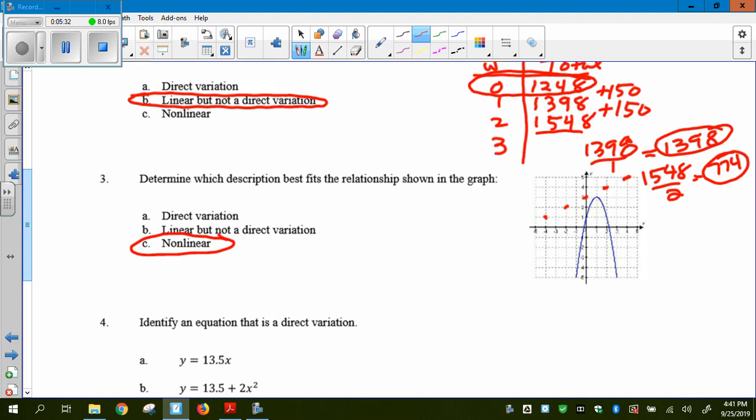The other thing you should look for on a graph is if it was linear like these dots are, and if the dots went through the origin like this, then it would be a direct variation. So to be a direct variation, you have to see the dots all line up, and you have to see that they go through the origin, 0, 0. Okay, so that's nonlinear.